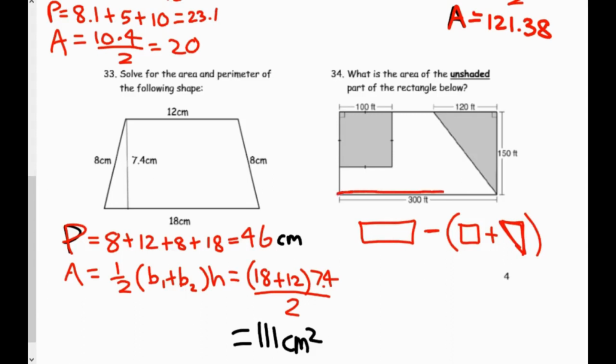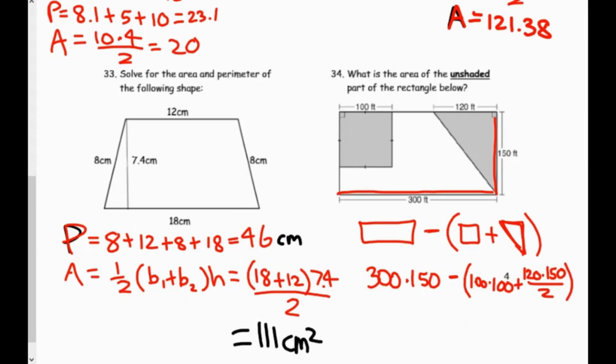I do length times width, 300 times 150. I'm going to get that number, minus, and what's the square? 100 times 100, plus for the triangle, it's base times height divided by 2.